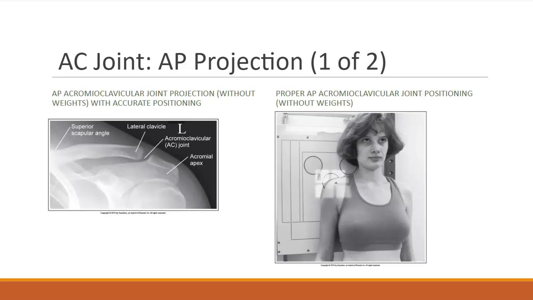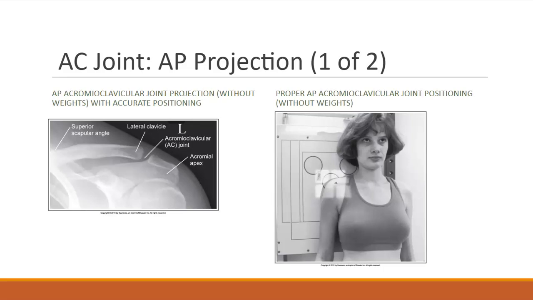The AC joint space is present between the lateral clavicle and acromion apex. The lateral clavicle demonstrates minimal acromion process superimposition. The clavicle and the superior scapular angle are demonstrated at the same transverse level.